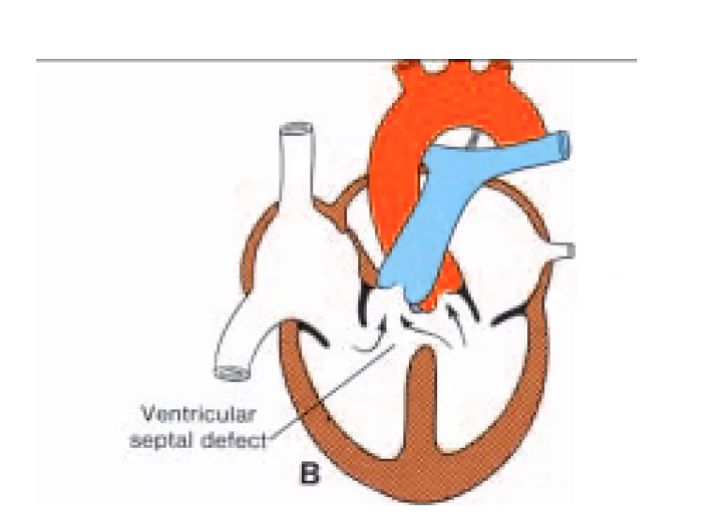This is VSD, and this is failure of fusion between the muscular and the membranous septum here. Again, the blood will not tend to go. If the blood goes from the left to the right, this will just make a shunt, because oxygenated blood goes to non-oxygenated blood and goes again to the lungs. So there will be no problem for the baby.